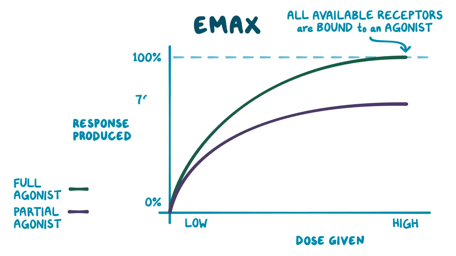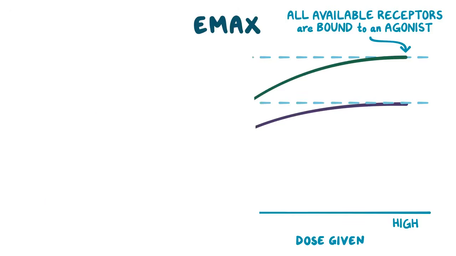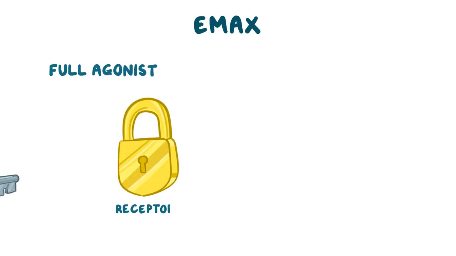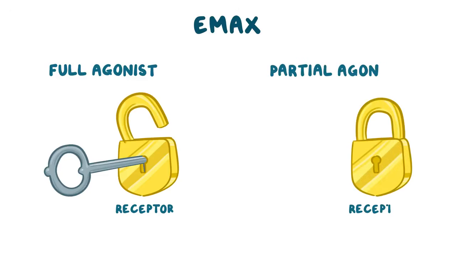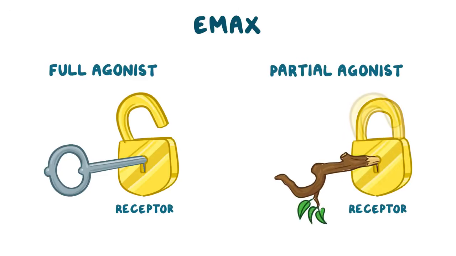For example, a 70% response would shift the curve downwards. In other words, a full agonist is like a really well-made spare key that's just as effective as the original, while a partial agonist is a poorly made spare key that could open the lock, but it takes longer and it gets stuck and you have to jiggle it around a little bit.